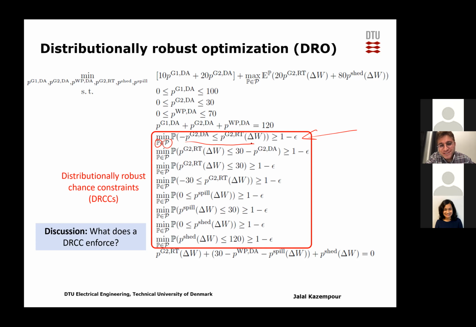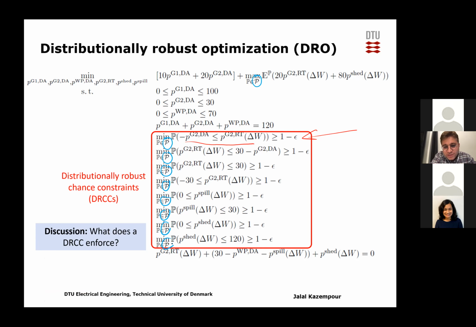Let me ask another question, Goran, maybe again to you or anyone else. Our ambiguity set, here and here, and in every single distributionally robust chance constraint, is the same. It's okay, right? No problem.